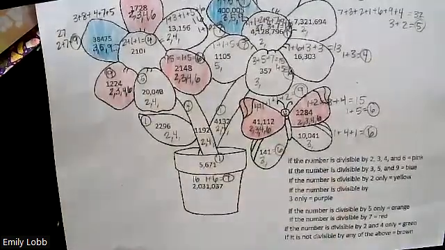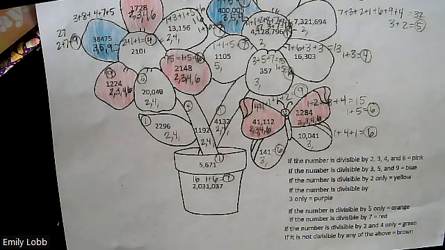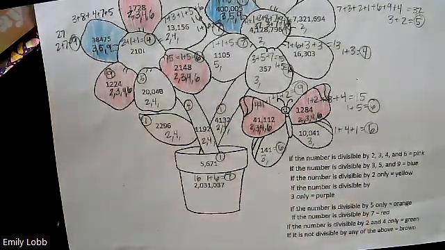All right. If the number is divisible by 2 only. Well, I guess we should probably check for 7 real quick, even though I don't really want to. So we'll let Miss Boots figure that out. This one, she said, was 7.